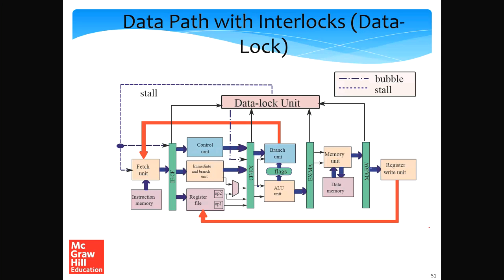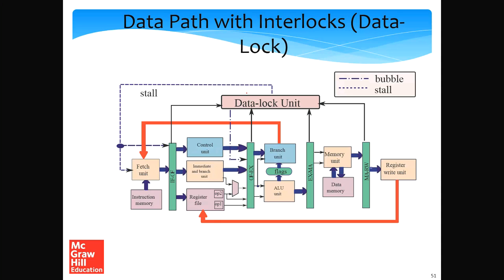The first thing we do is send the contents of all the pipeline registers, because they contain all the instructions. So the IF-OF register contains the contents of the instruction that is there in the OF stage. Similarly, the MA-RW register contains the contents of the instruction in the RW stage. All of their contents are sent to the data lock unit, which finds conflicts.